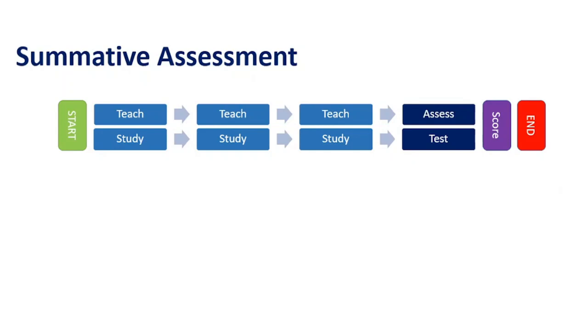The teacher prepares an assessment, a test, or a quiz. Students do the test, which is graded by the teacher, and students are given a score indicating whether they passed or failed and how well they did compared to others in the course. So one student gets 90%, another 75%, another 60%. This is the end of the process.